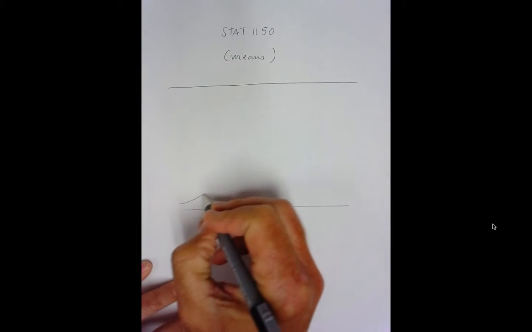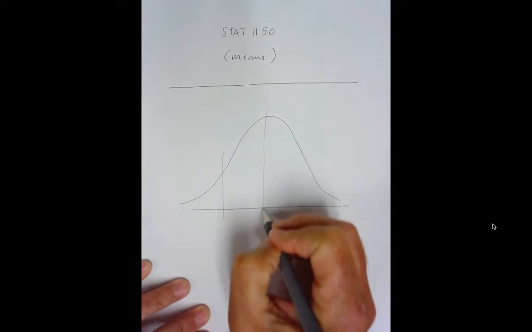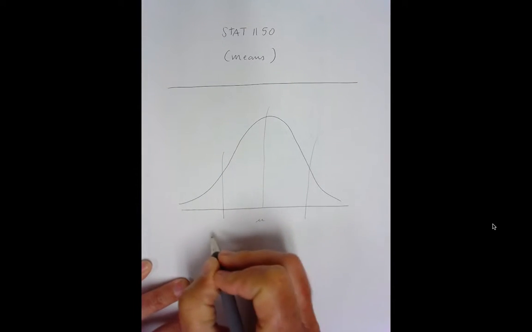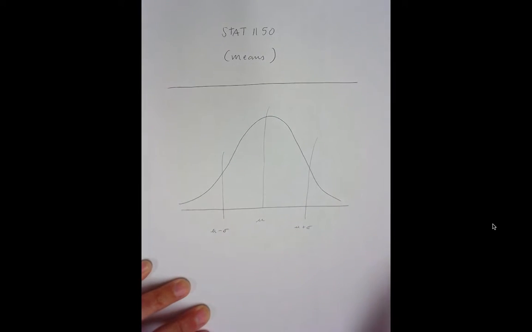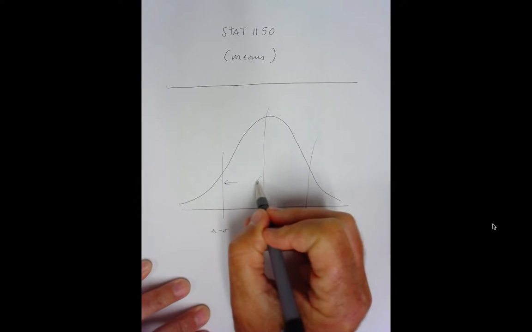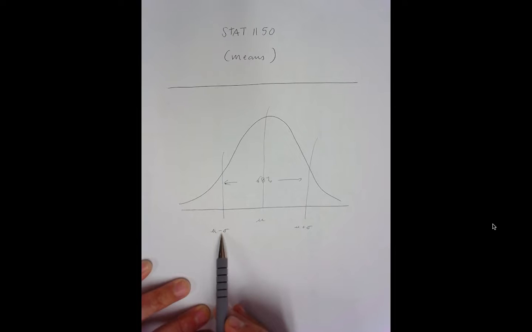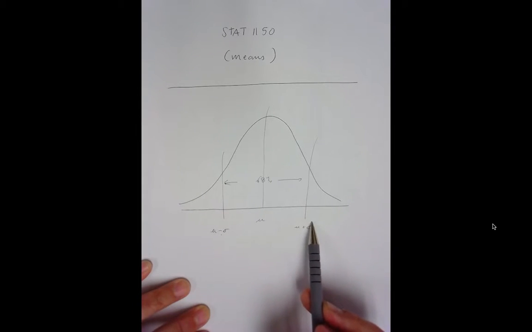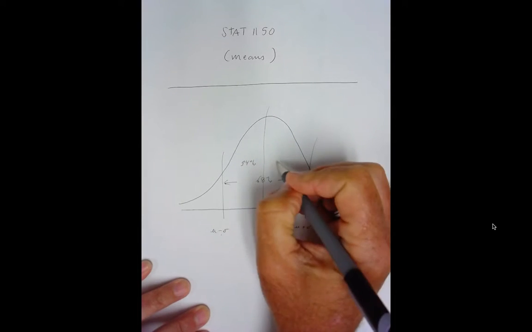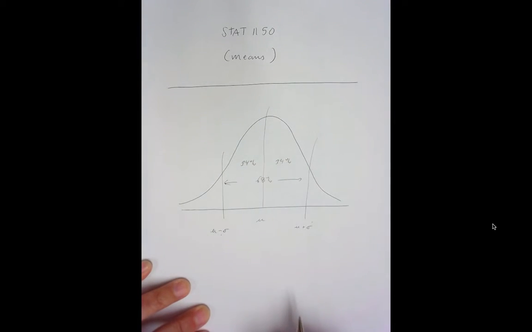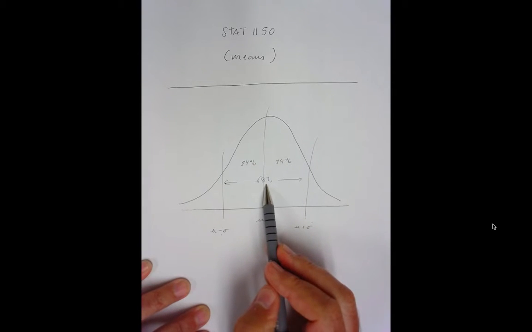Remember that in a normal distribution, if we have the mean in the center, the mean minus a standard deviation and the mean plus a standard deviation, approximately 68% of the scores are between 1 standard deviation below and 1 standard deviation above. That means we have 34% in each of these halves, because 34 plus 34 gives us 68.